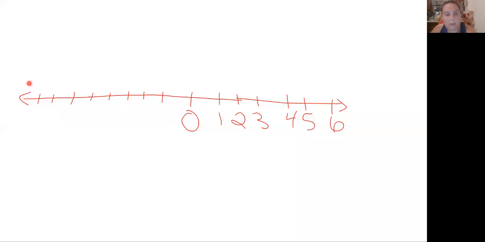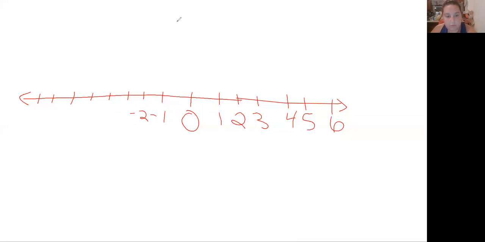Now, some people get a little bit confused because when you're writing numbers, you have 1 and then 2, and normally you would think that the number is getting bigger. But because these are your negatives, the bigger negative number that you have, that's the smaller number.